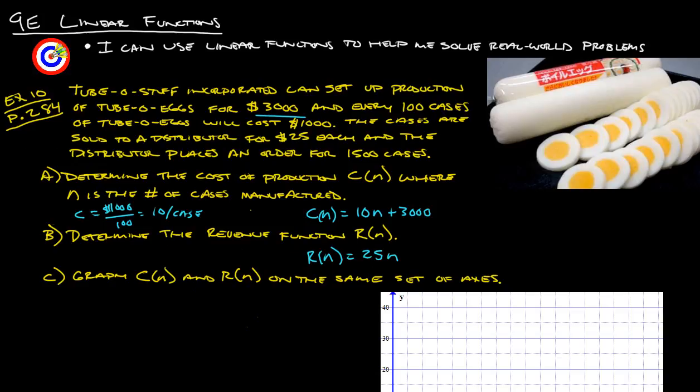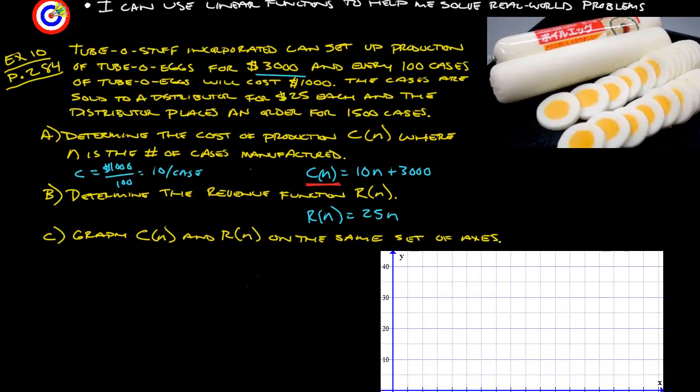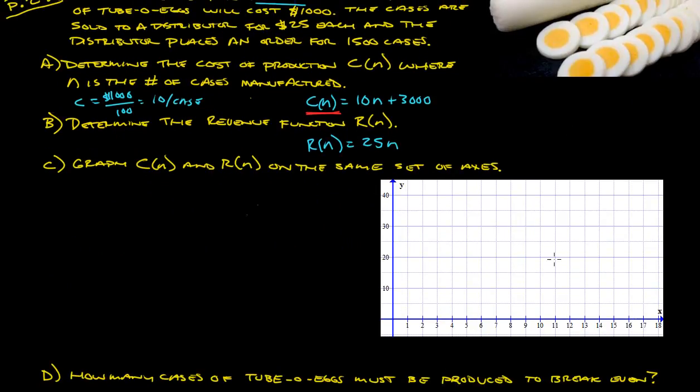So let's graph our cost in red. Let's move this up so we can see it better. So down here, this is going to be our cost in thousands.